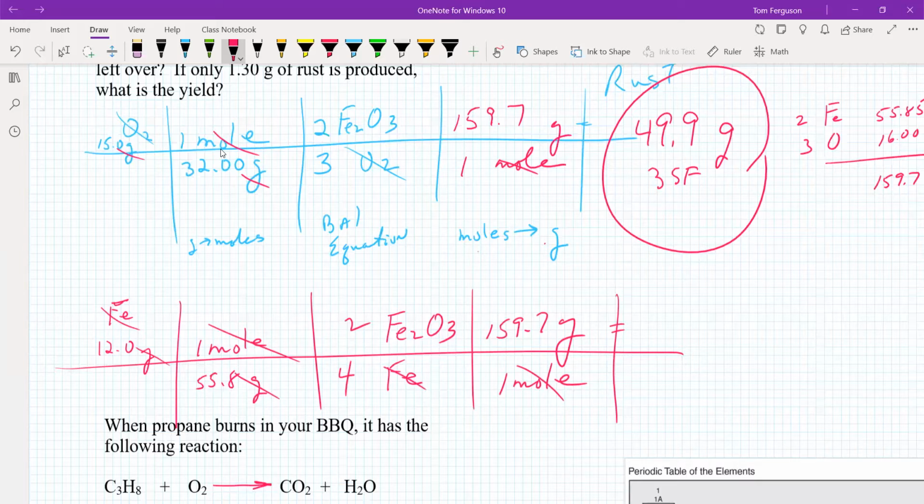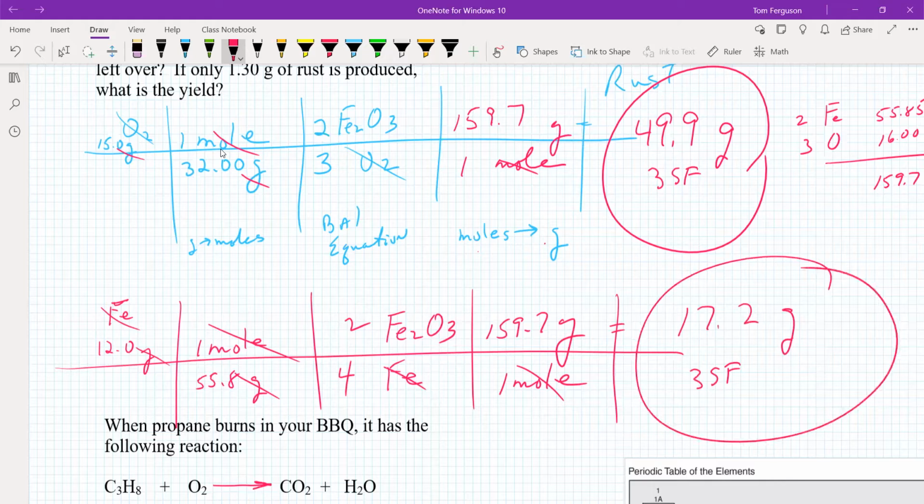Okay, let's see how much rust is produced if we're just looking at 12 grams of iron isolated. We're looking at 17.2 grams.